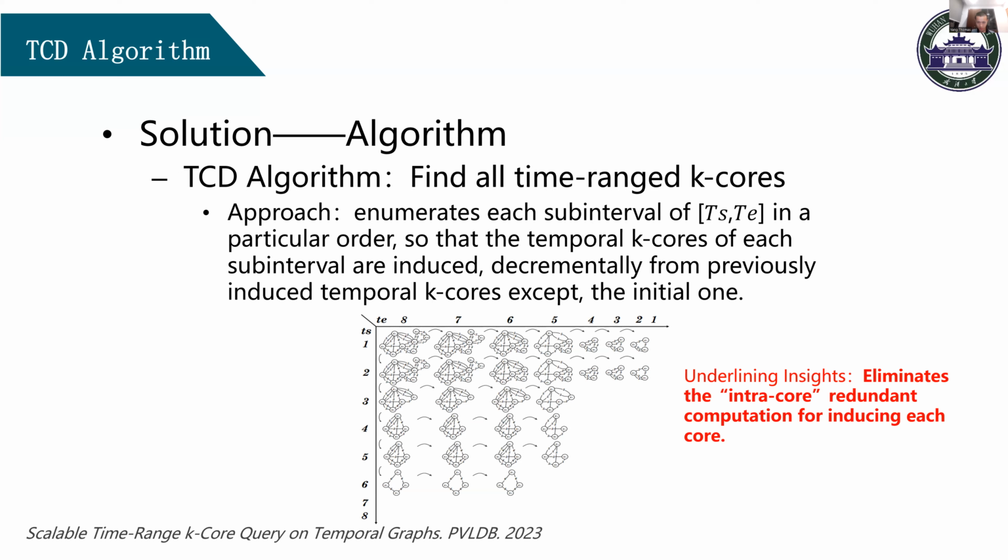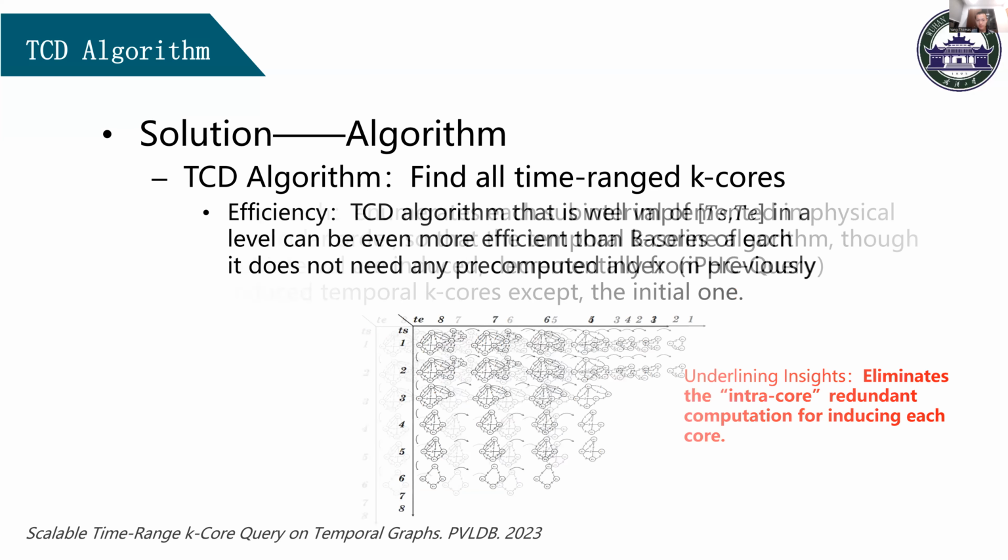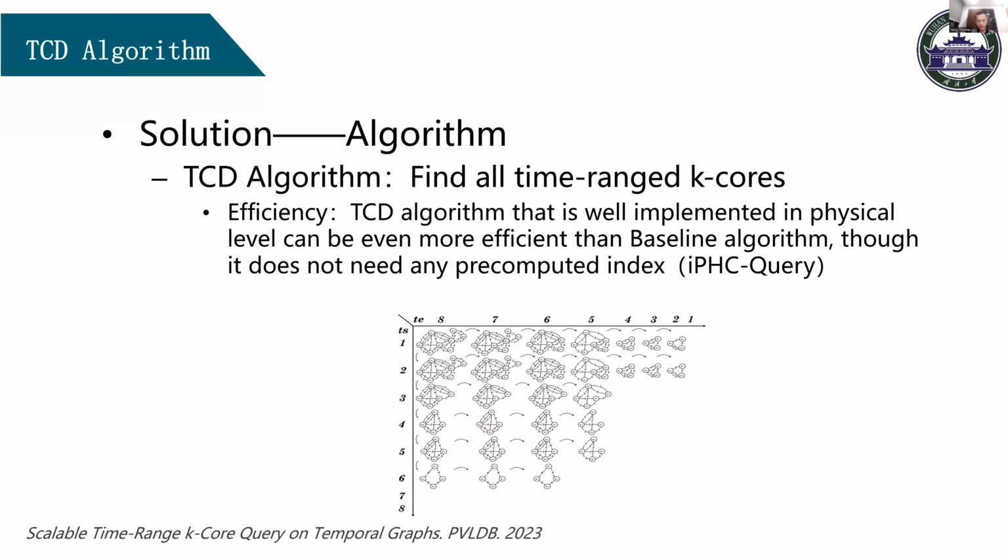That's because for most induced temporal K-cores, a number of vertices and edges have already been excluded while inducing them. And actually, the underlying insight of the TCD algorithm is that it eliminates the intra-core redundant computation.